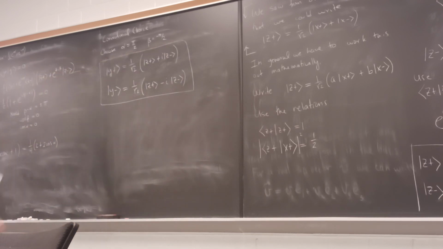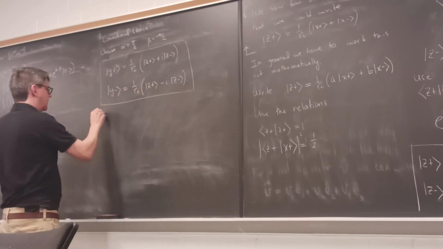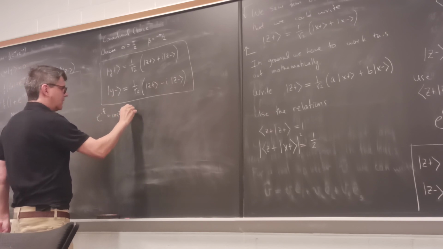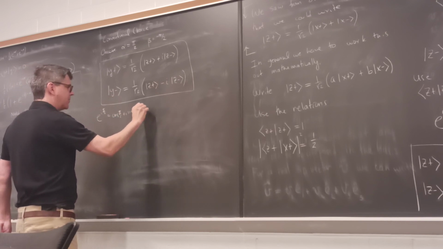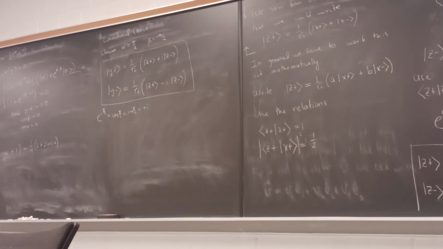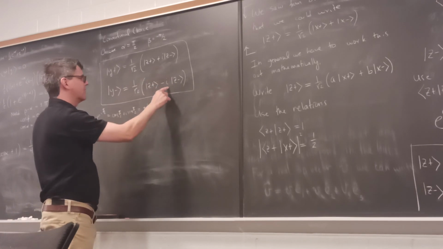Okay, because e to the I pi over 2 is cosine pi over 2 plus I sine pi over 2, which is plus I, and then with the minus it's minus I. So this is the weird part, we have an I in here.